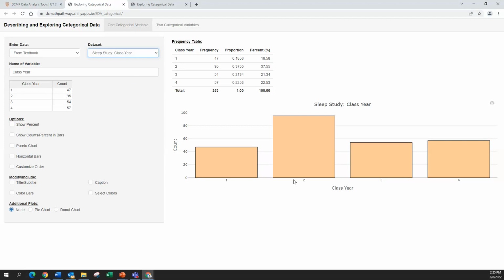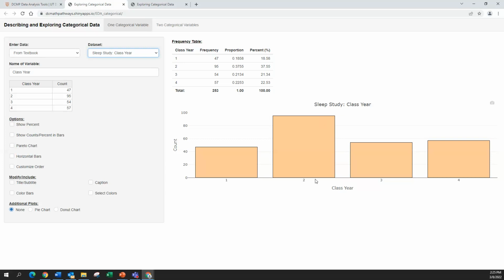And here I see that it's using 1, 2, 3, 4, which we have coordinated with freshman, sophomore, junior, and senior. So it does have them in order. We could change the title, but the title is not terrible. And it suggests in the PowerPoint we write a sentence.